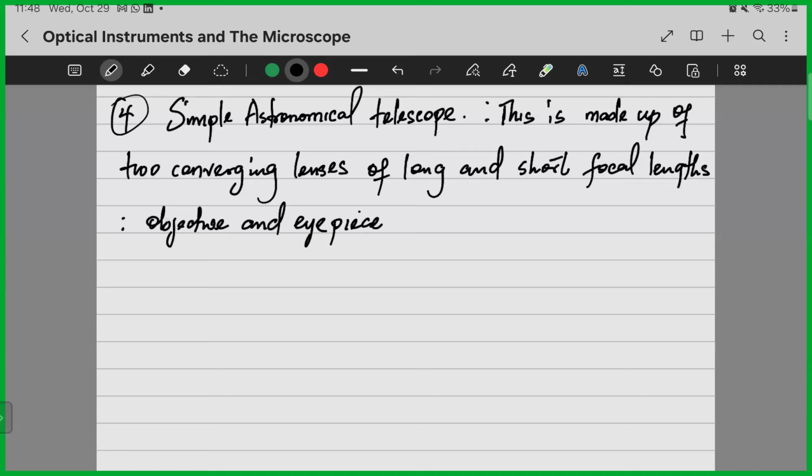Let me quickly put it in a tabular form. Compound microscope. Do I need to put it in the tabular form?